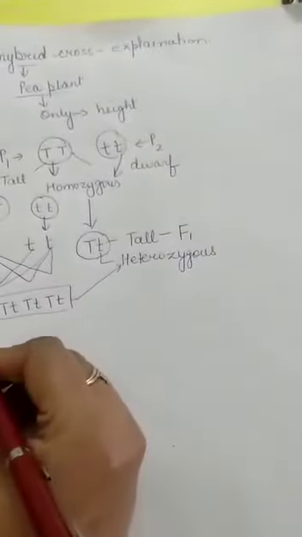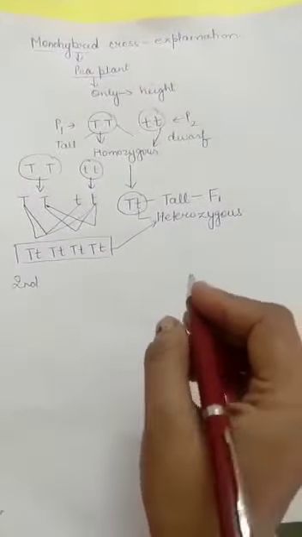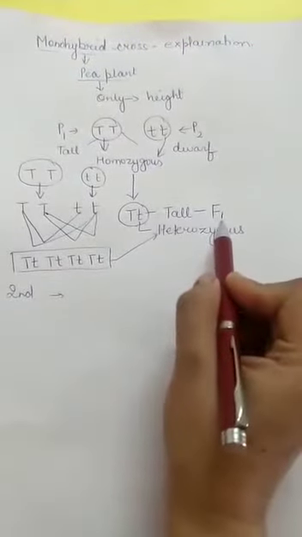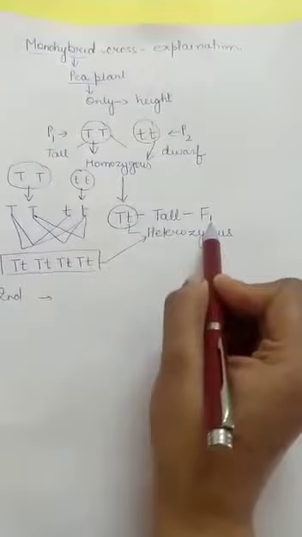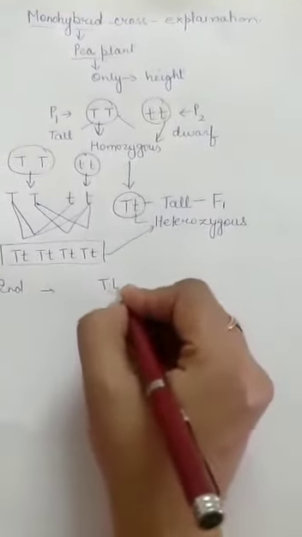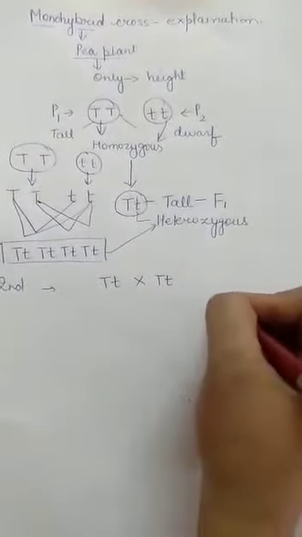Now the second step of the monohybrid cross, to obtain the F2 generation. In the second step, Mendel took this F1 hybrid and self-crossed them. He self-pollinated them, meaning he took two hybrid plants and crossed them.